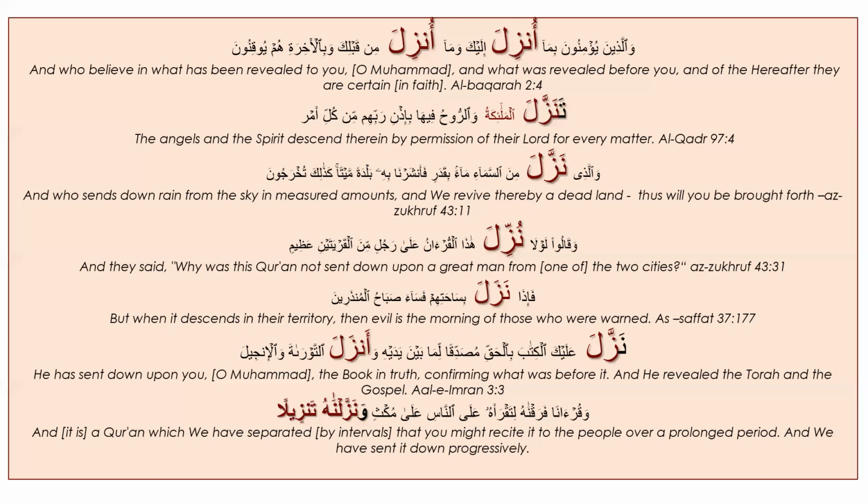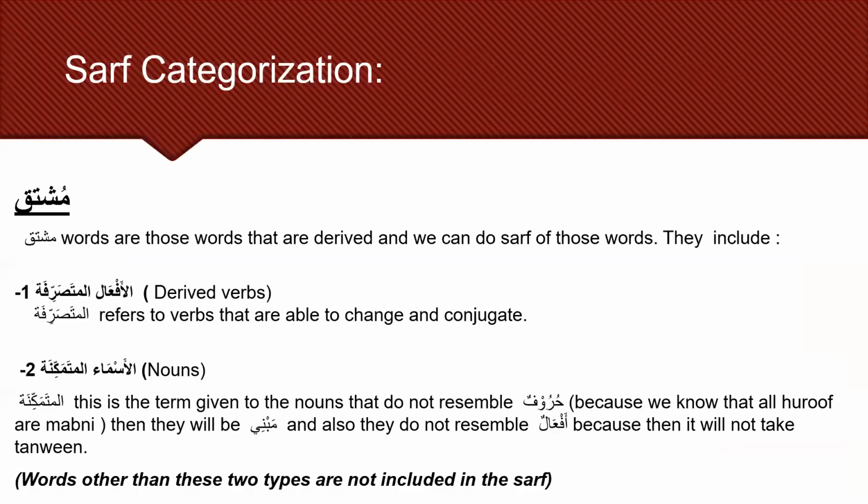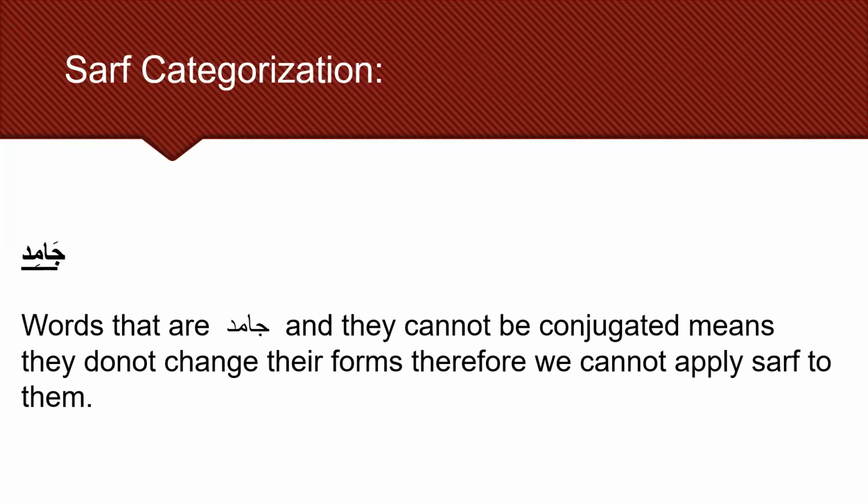Then we had a few examples of words used in the Quran, and we characterized the words into two types, mushtaq and jamid. The mushtaq words can be divided into two: af'al mutasarrifa and al-asma al-mutamakkina. Then we had some examples for them.